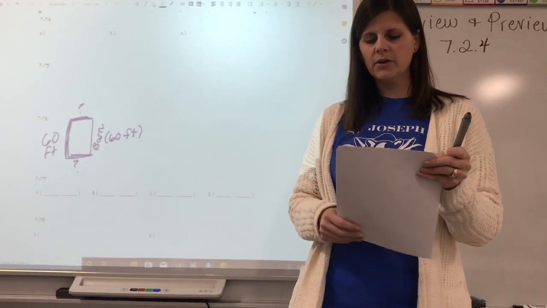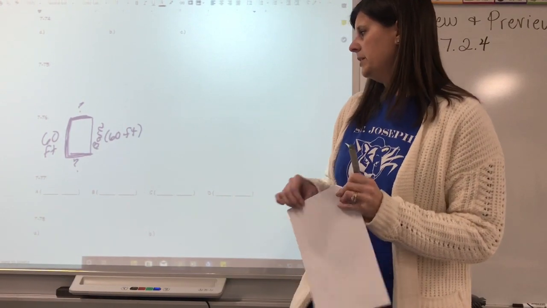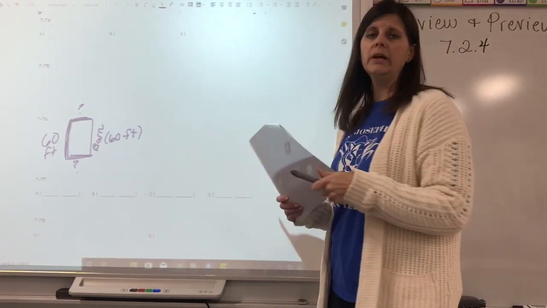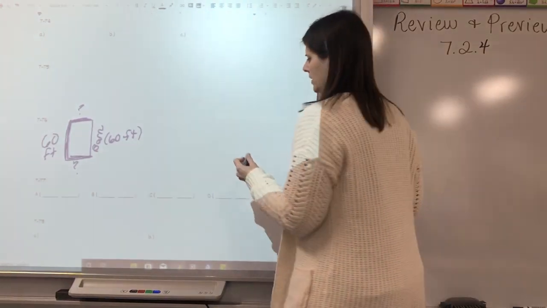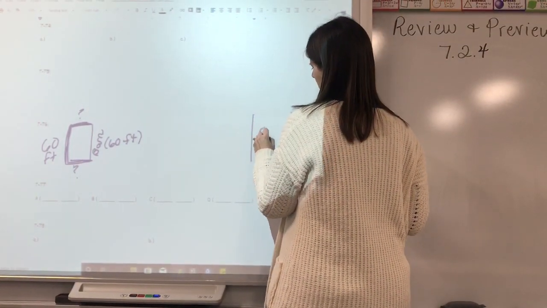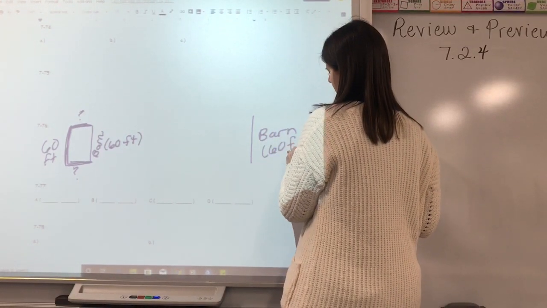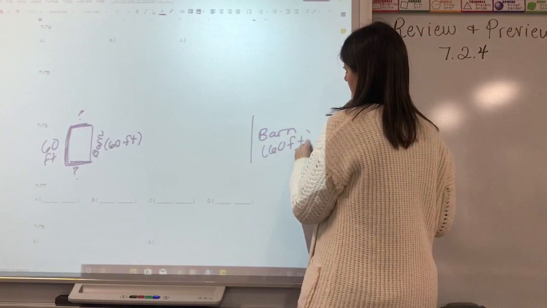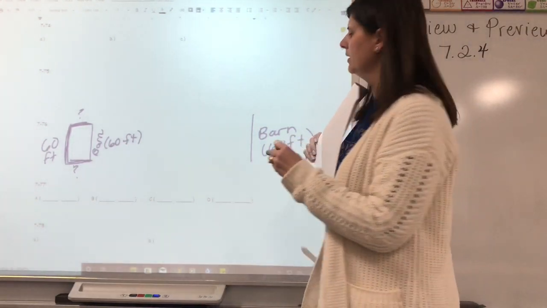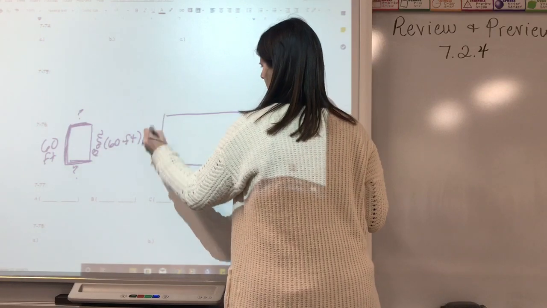Now, the other situation that we're looking at would be maybe the barn is the width instead of the length. So for a second situation, we can say, okay, here's the barn. Again, we know it's 60 feet. But this time, if it's the short side of the rectangle, then my rectangle is going to be out this direction much farther.